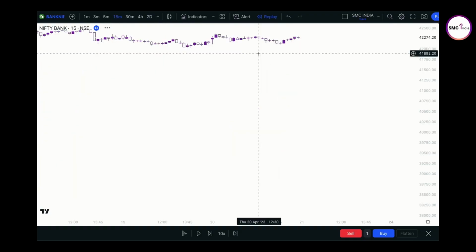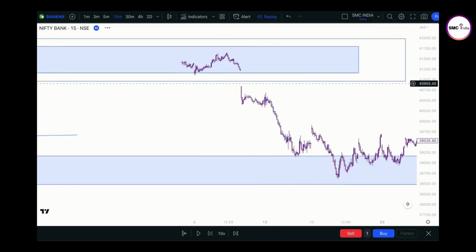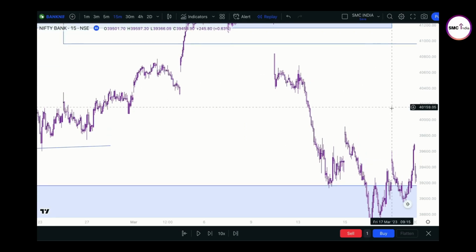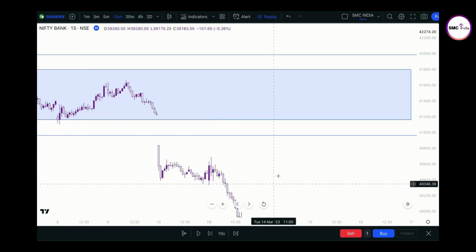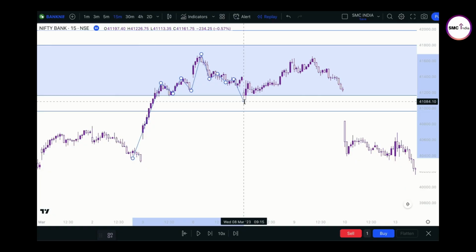So now moving on to 15 minutes. Here you could clearly see that the price moved up, made lows, moved up, made lows, moved up again, hitting this low, and then it consolidated here for a bit and then shot down here.